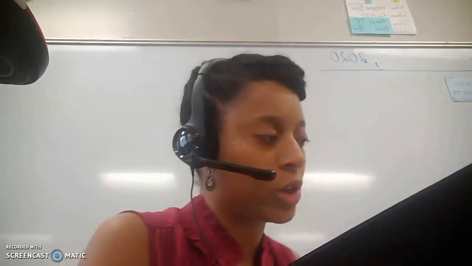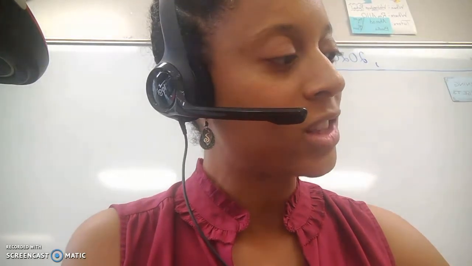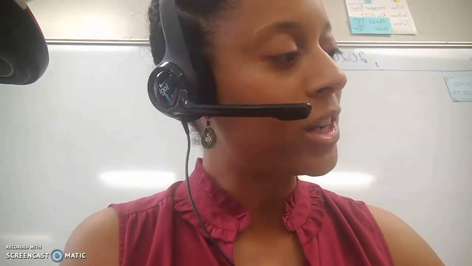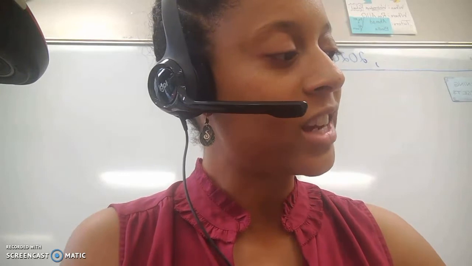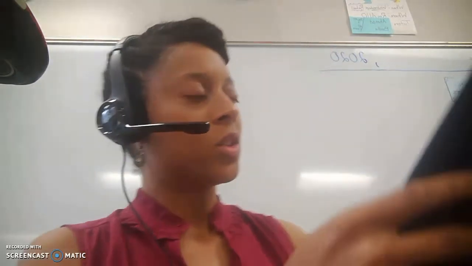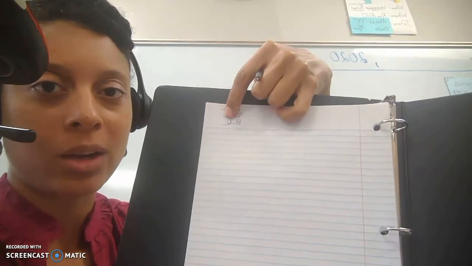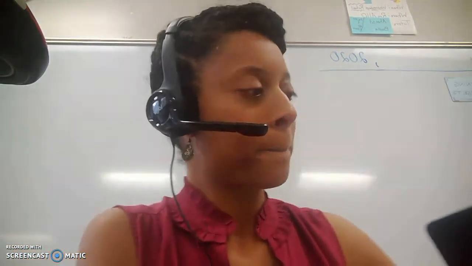The best thing that you could do would be to always write a heading at the top of your paper. That would be your name, the date in which the lesson was covered, and the block. Okay? So a generic template for how this would look would be up in the top right-hand corner, name, date, block. Just like that. Okay?